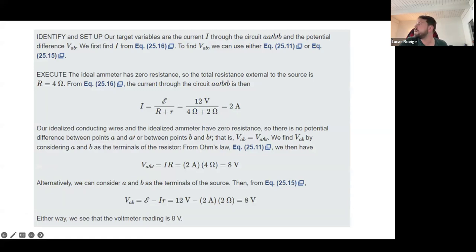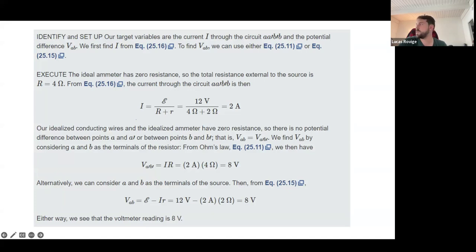So let's get the current in our system. We've seen that for the real EMF source, the current flowing through is the EMF divided by the sum of the two resistances, the actual resistance and the internal resistance of the EMF source.